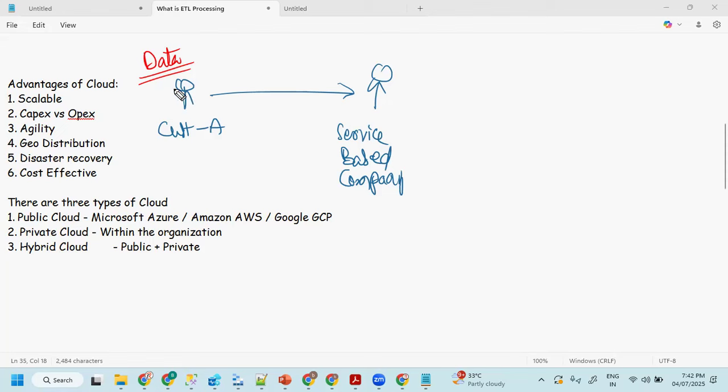If the customer is not interested in a cloud platform and wants to keep things within their premises, but they don't have their own premises, then they will take, for example, TCS, or any company. If they already have a data center, TCS will give the data center to that particular company.